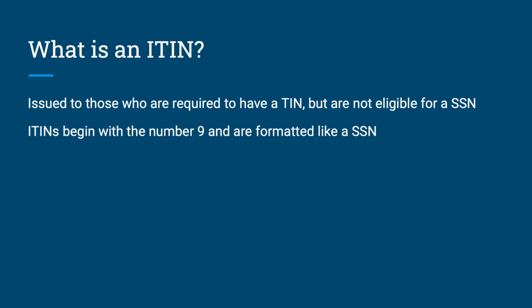And oftentimes you can tell it's an ITIN because they begin with the number 9 and they are formatted similar to how a traditional social security number is. So again, ITIN, you're going to treat it like a social security number on the returns for the most part, and it's important that it is always entered correctly.